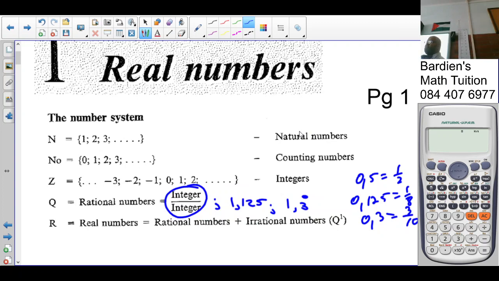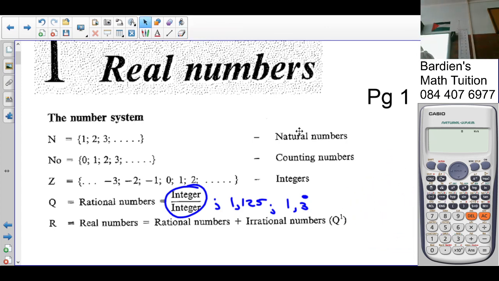Okay, you understand? If you look at 0.3 recurring, you look at that on the calculator. Now I know that is 1/3. I know you're not supposed to be using a calculator. But you see that? That is 0.33333.